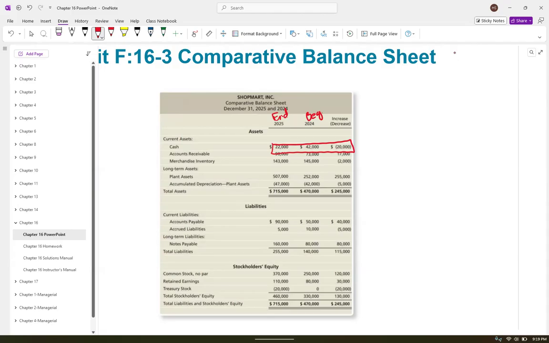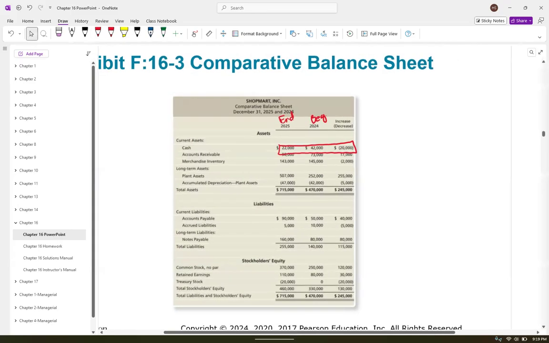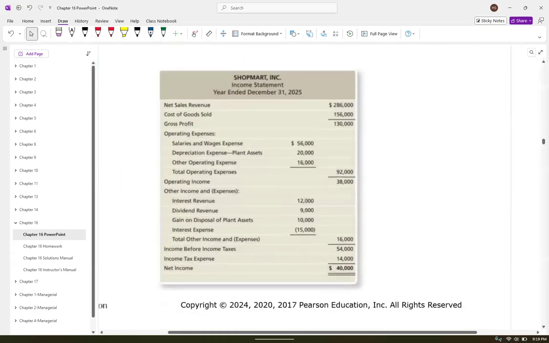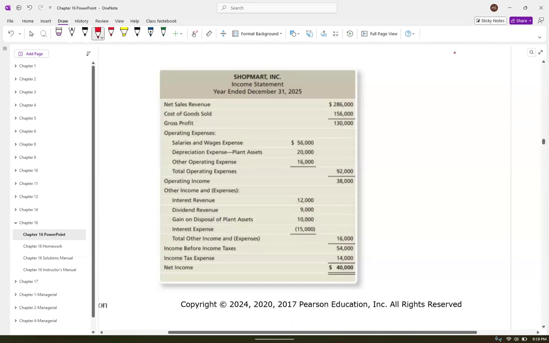Okay. So let me see here what they've got. There's our income statement. The thing we need off of there is our net income. We also need this depreciation expense. I didn't see anything else.